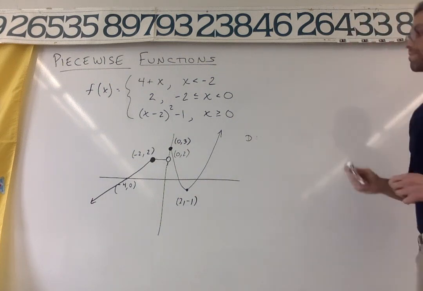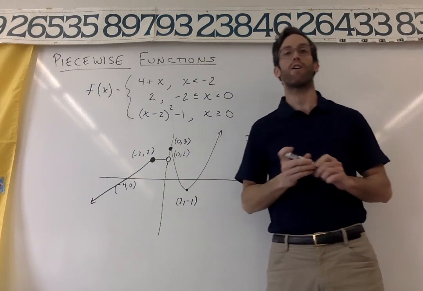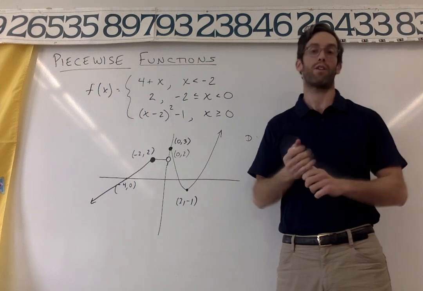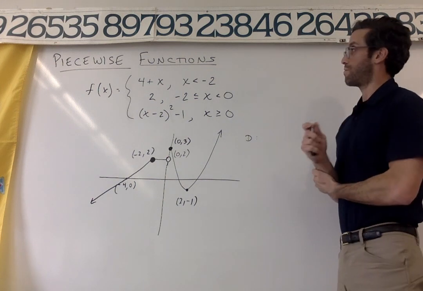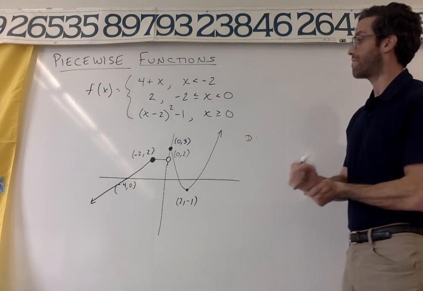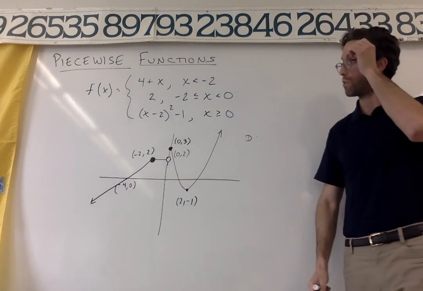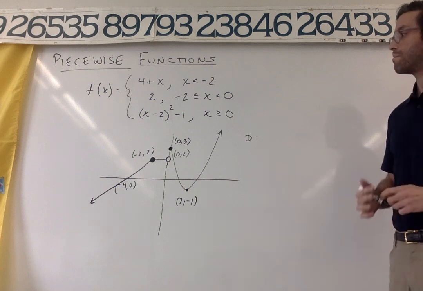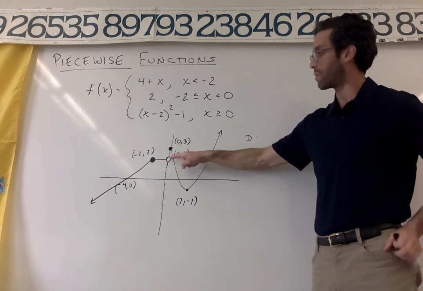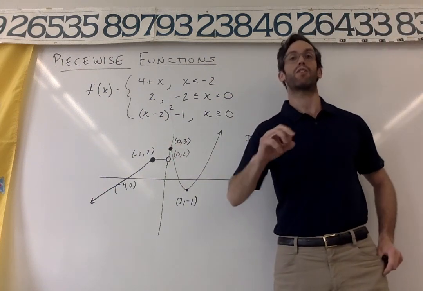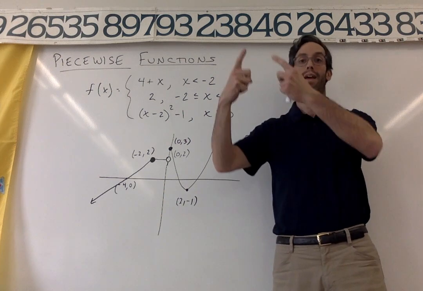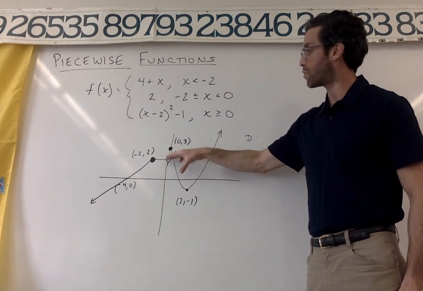All right, so the domain, well, there's no value of x that we aren't using here, right? I mean, this is really just going from negative to positive infinity. Every x value from negative to positive infinity is being used, all right? There's nothing missing. Now, here at where x equals 0, we have what's called a discontinuity. The graph is jumping from a y value of 2 to a y value of 3.